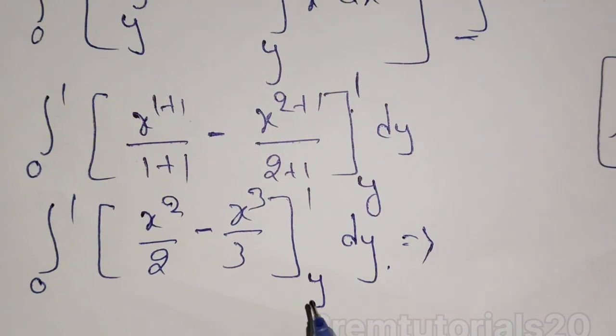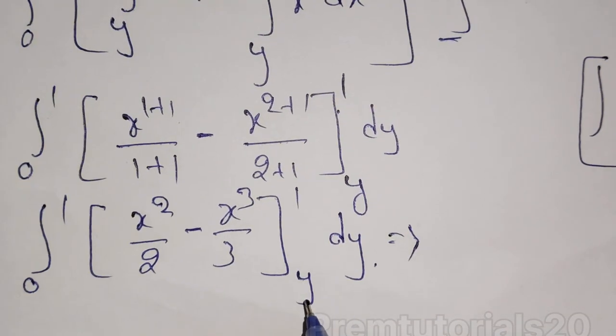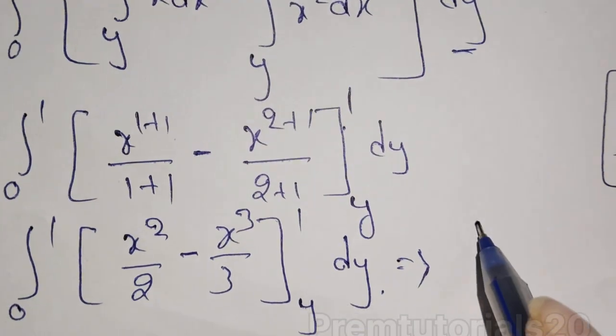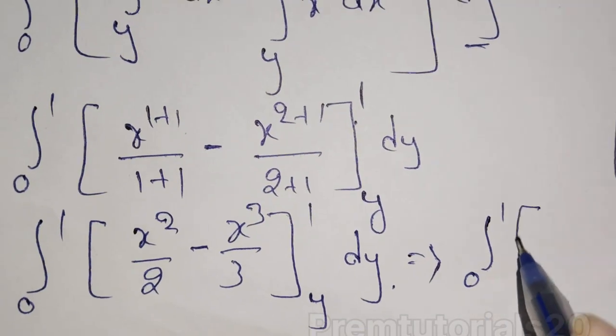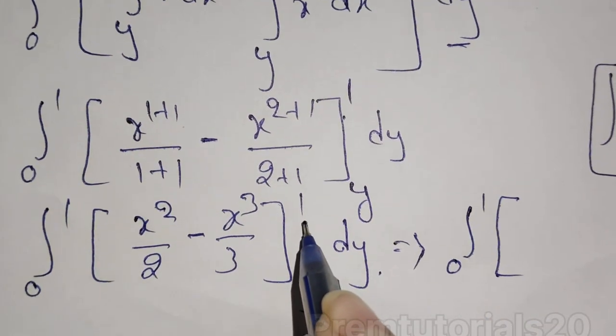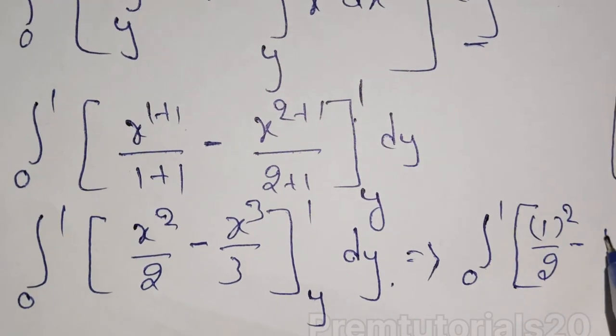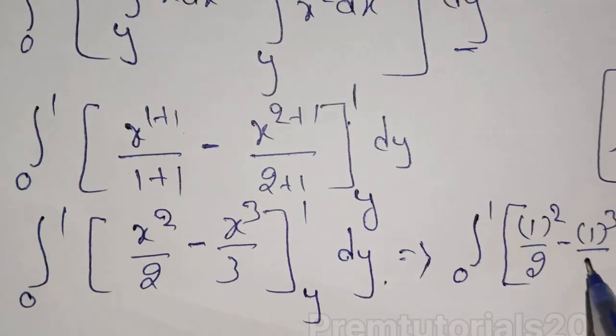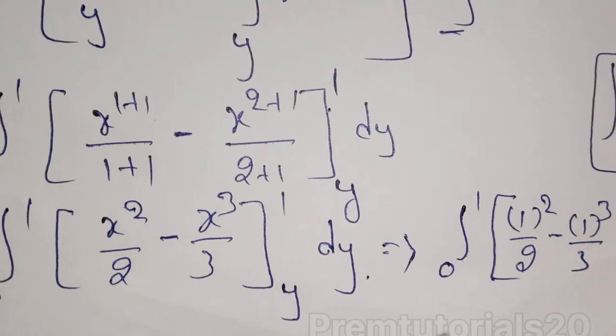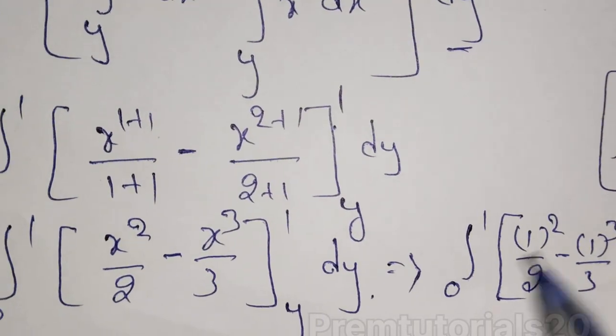Now what is the formula? Upper limit minus lower limit. So integral 0 to 1. What is the upper limit here? 1. 1 whole square by 2 minus 1 cube by 3. Okay, the upper limit is completed.